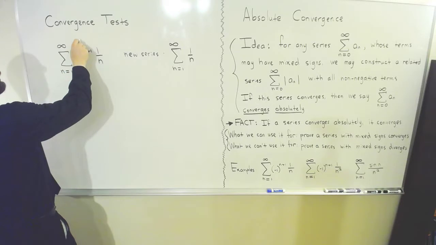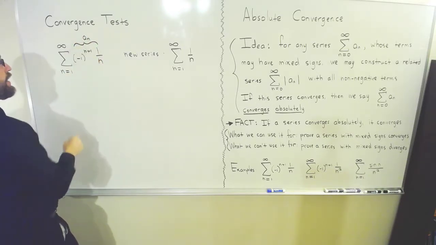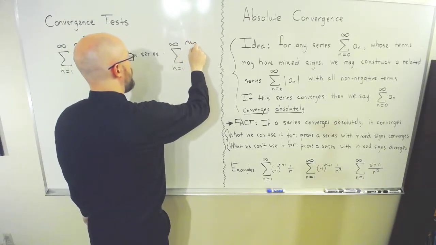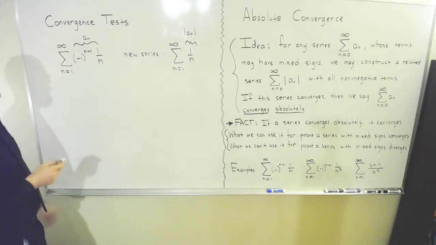See, if this thing here is a_n, then this thing here is the absolute value of a_n, because I've taken the minus signs away.